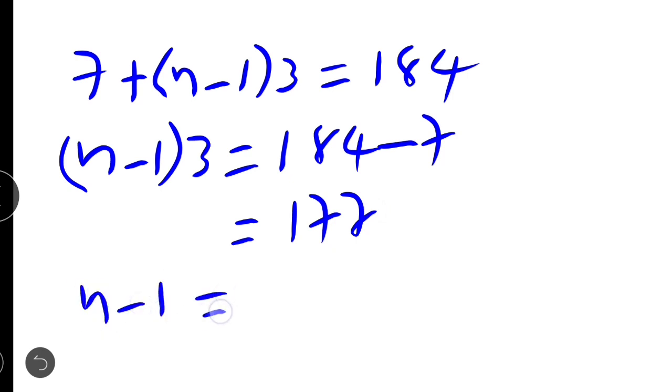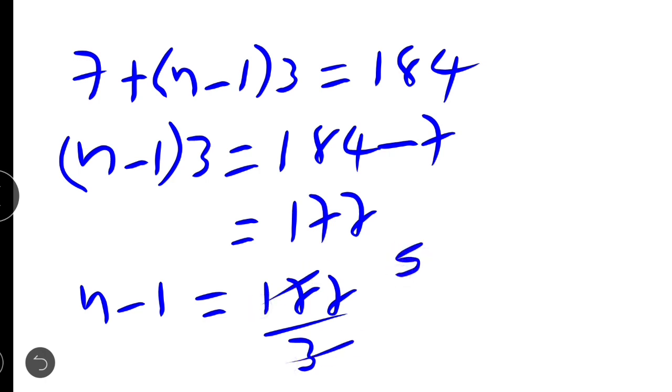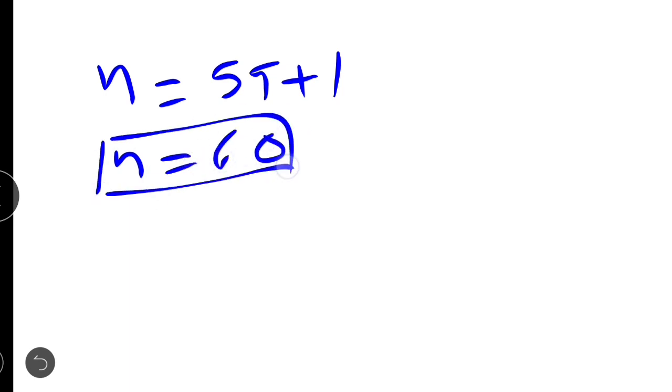Then n minus 1 equals 177 divided by 3. 3 ones are 3, 5s are 15, 2 remainder, 3 9s are 27. So n minus 1 equals 59, n equals 59 plus 1, then n equals 60. So the total number of terms in the given list is 60.